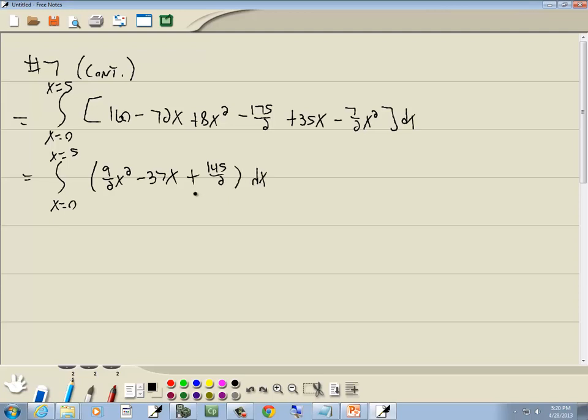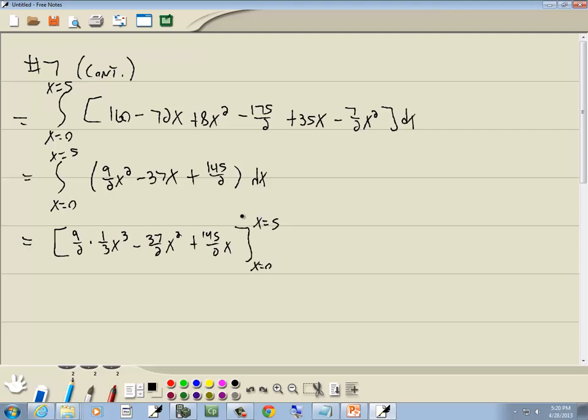Okay, now we're ready to take the integral with respect to x. So add 1 to the power, divide by the new power. That gives us 9 halves times 1/3 x to the third minus 37 halves x squared plus 145 over 2 x, from x equals 0 to x equals 5.